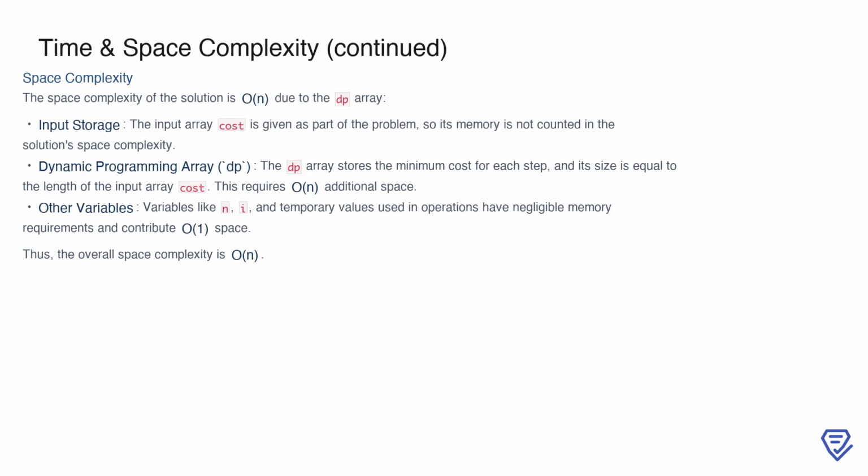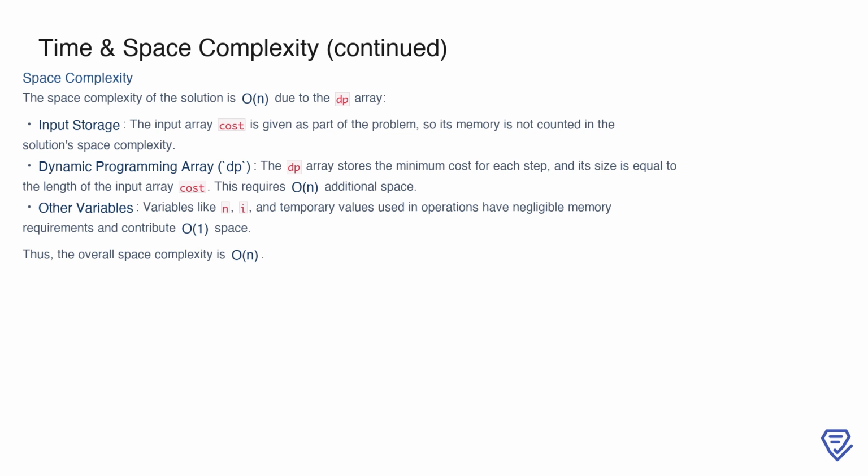The space complexity of this solution is also O(n), due to the use of the dynamic programming array, dp. Let's break this down. The input array cost is provided as part of the problem and doesn't count towards the solution's space complexity. The primary contributor to space usage is the dp array, which we use to store the minimum cost for each step.